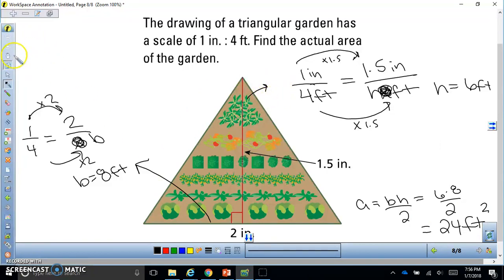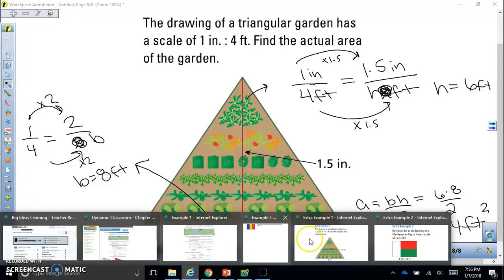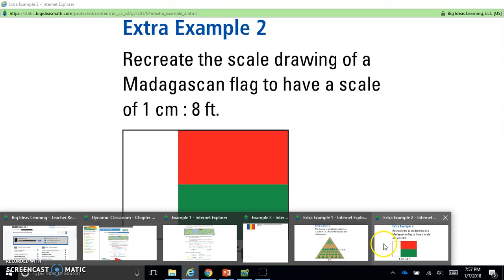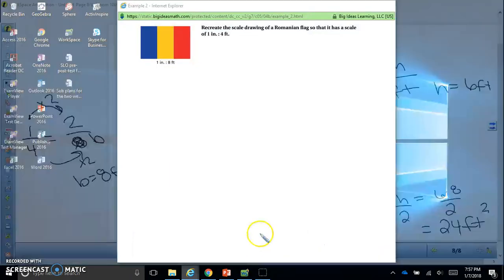All right, let's go into our next example, example 3. We are looking at the flag. Recreate the scale drawing of Romania's flag so that it has a scale of 1 inch to 4 inches. It gives us the scale right there.